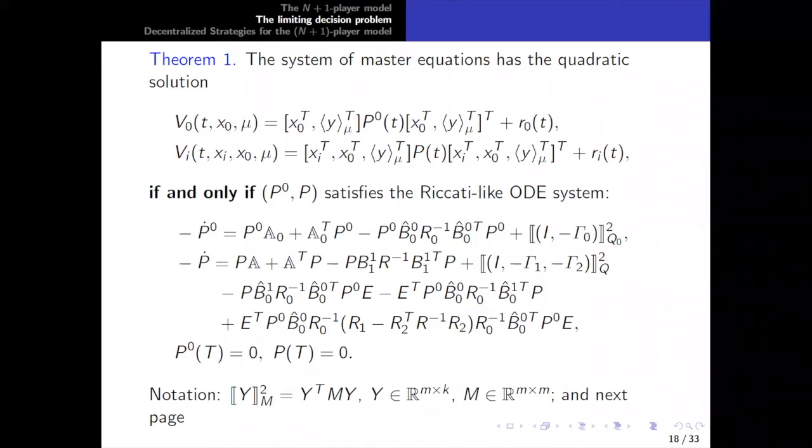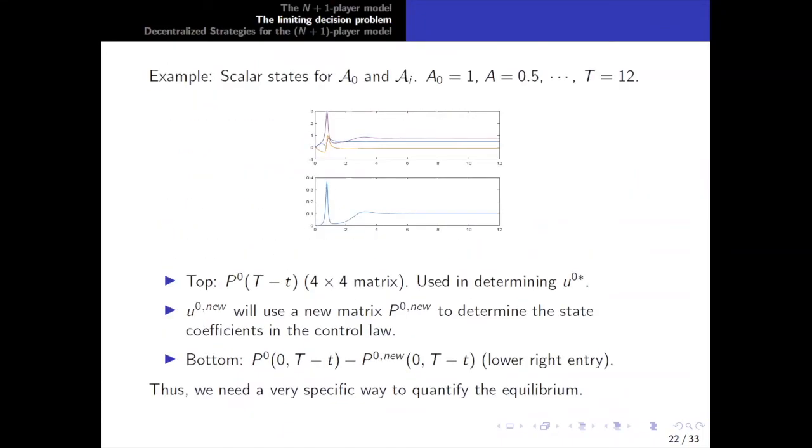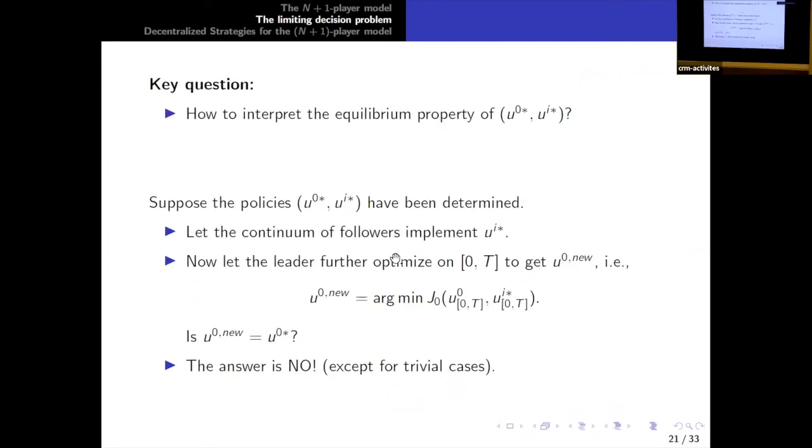Could you go back to your simulation and interpret your results? Yes. This is actually to test the stability of the recommendation. Initially we come up with the recommendation, u_0 star and u_i star.